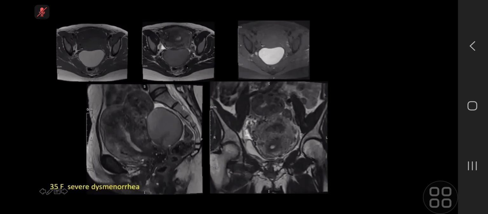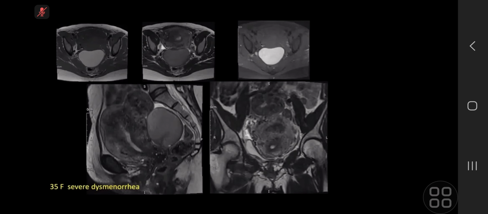On the sagittal sequences, it confirms that this is a T2 iso-intense signal lesion posterior to the uterus and separate from the uterus. The uterus is bulky and has subserosal fibroids within it. I cannot see any solid elements.